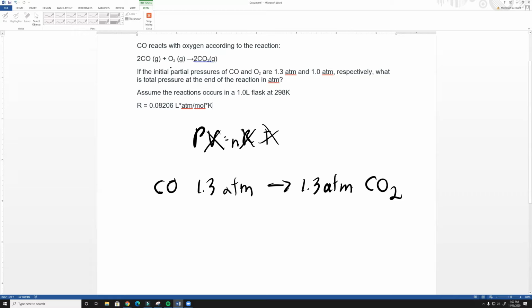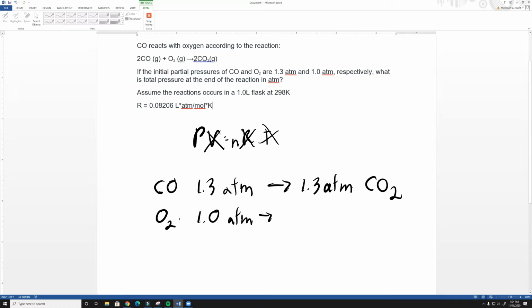Then for our next reactant, O2, we have 1 ATM. Looking at our pressure ratios or mole ratios, 1 ATM of O2 reacts to produce 2 ATM of CO2.